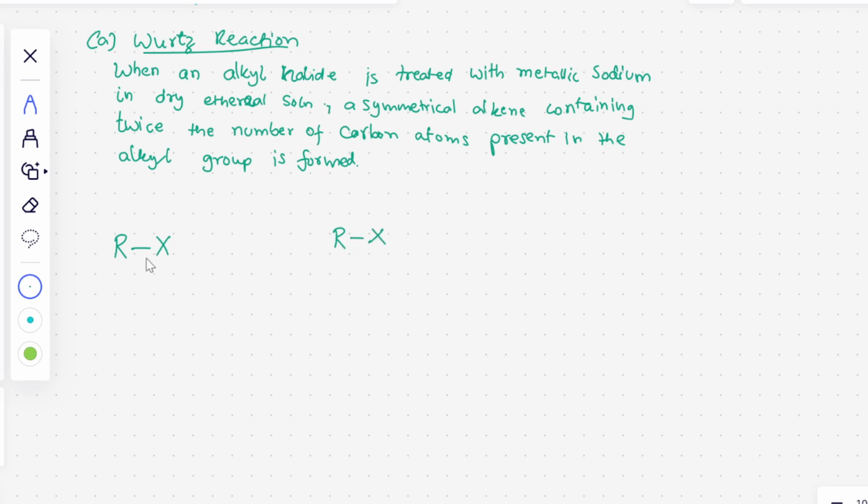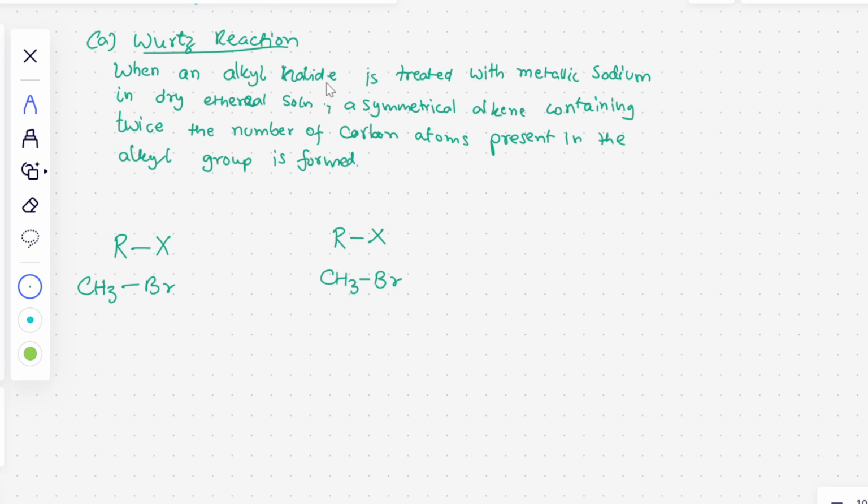For example, it could be CH3Br and CH3Br.